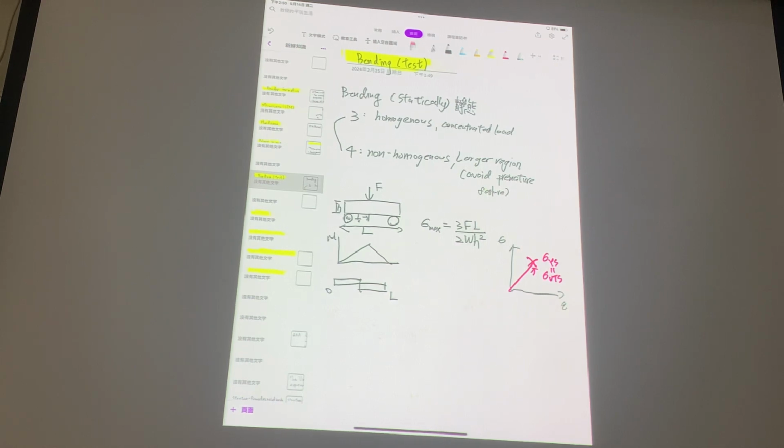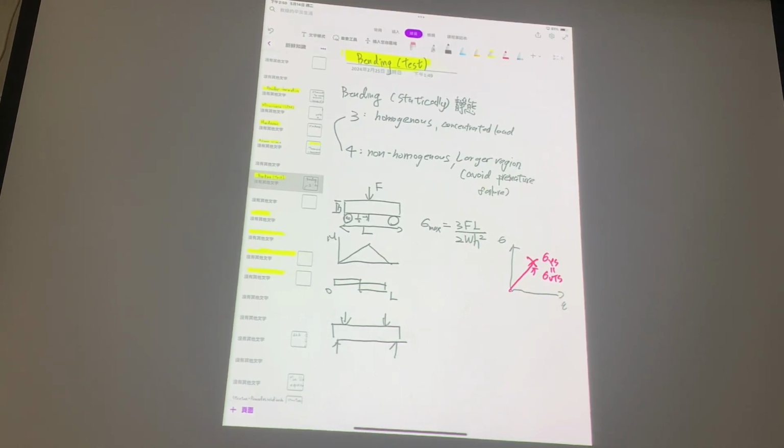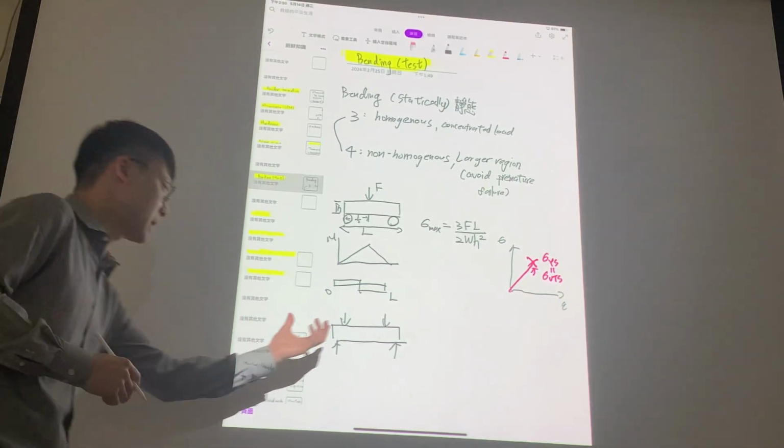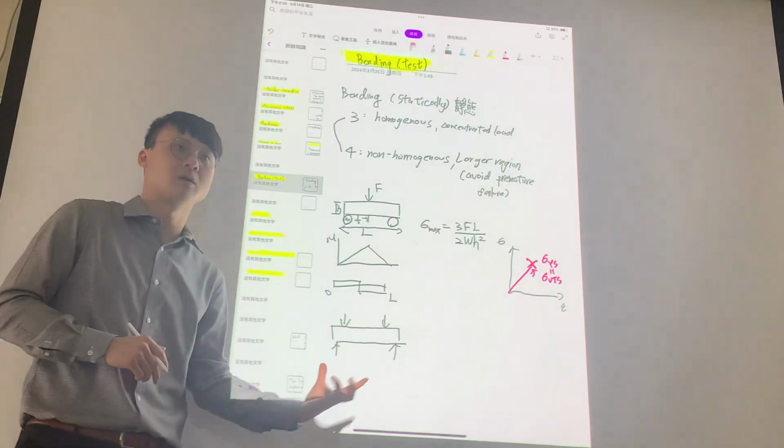So under what other condition will we use 3-point bending? Perhaps metal. Metals you can do 3-point bending. So normally for ceramic materials, again, the same specimen, the same length, what you do is you have loads like this on this end. Normally the span of the applied loads is a little bit smaller compared to the supporting span.